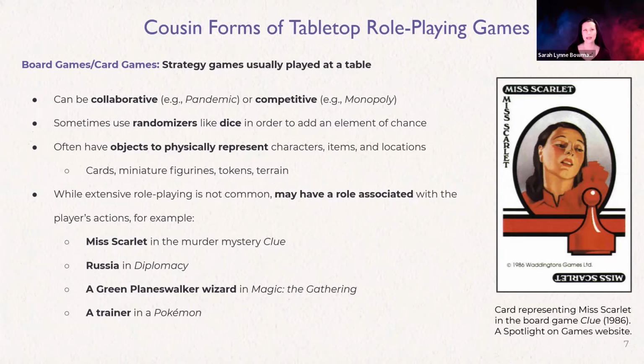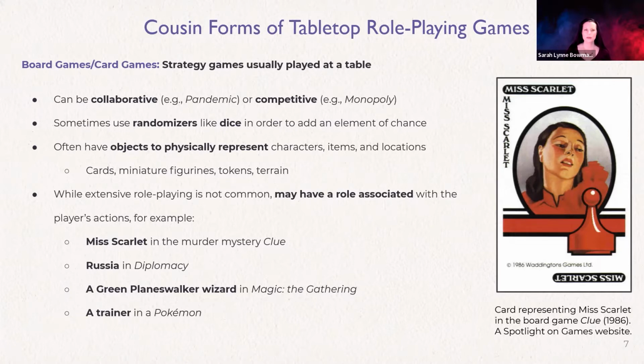Board games can be collaborative, for example, Pandemic, or they can be competitive, for example, Monopoly. They sometimes use randomizers like dice in order to add an element of chance. They often have objects that physically represent characters, items, and locations, for example, playing cards, miniature figurines, tokens, and terrain.